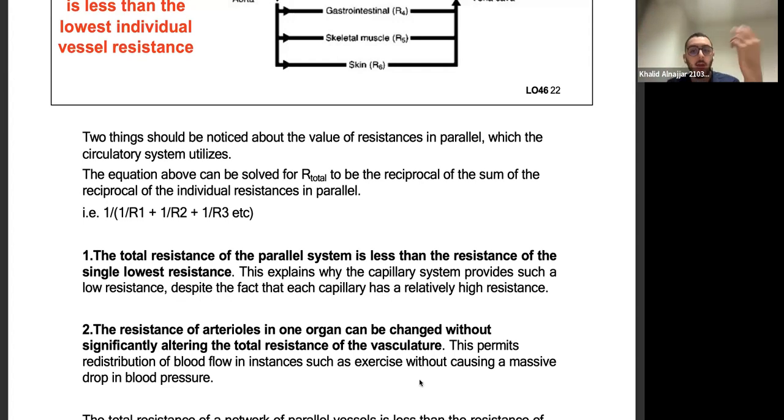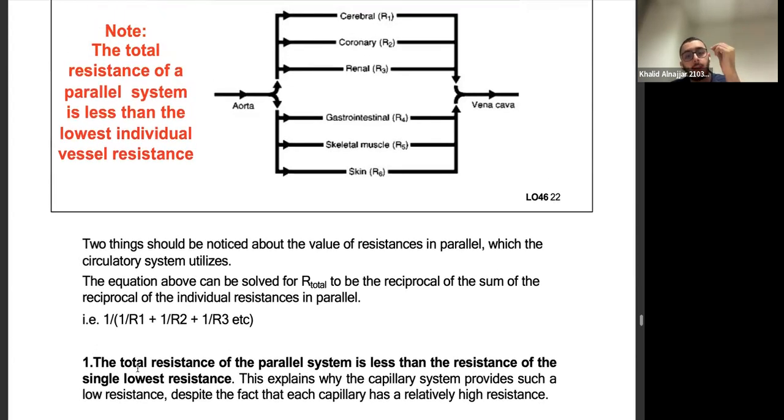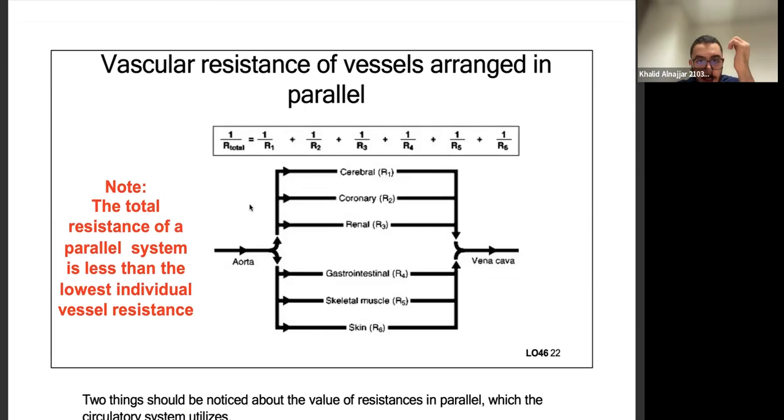How does this help us? It permits the redistribution of blood flow in examples like exercising and so on. Another important point and advantage: the total resistance of the parallel system is less than the lowest vessel resistance. And this explains why the capillary system provides such a low resistance, despite the fact that each capillary has very high resistance.